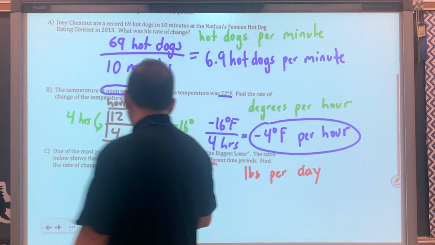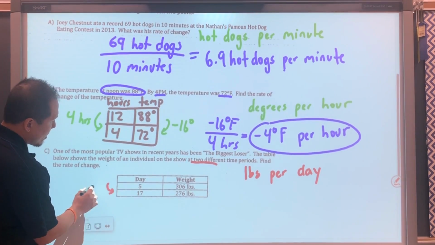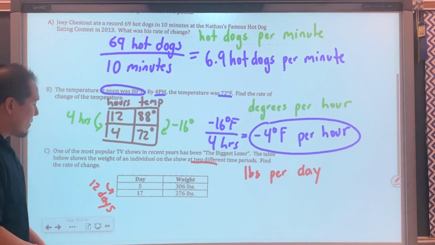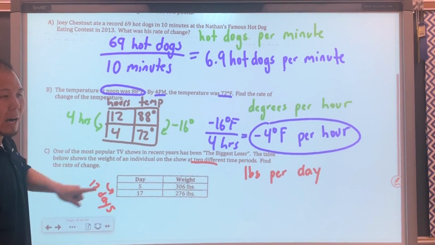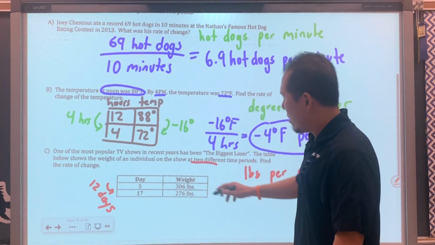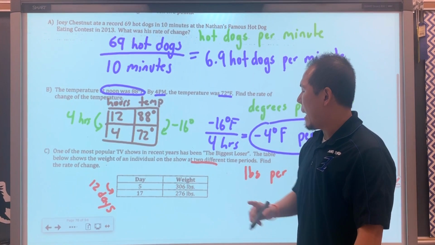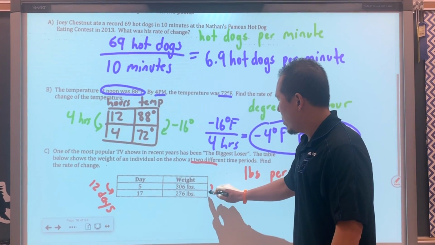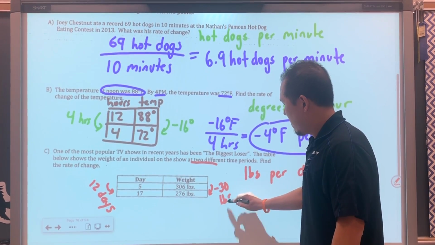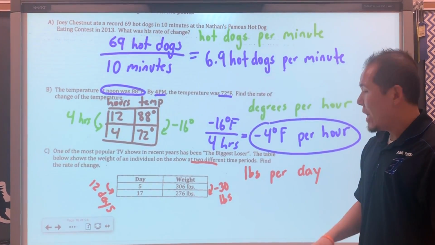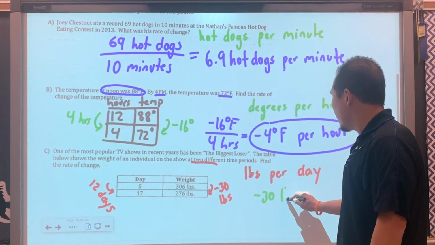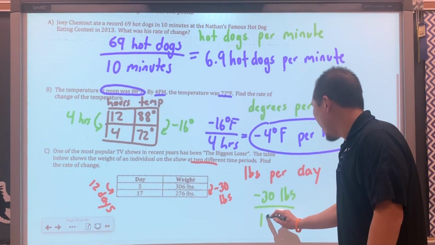So in this case, days, we know we're going up how many days? 12 days. Right, 5 plus 12 is 17, or 17 minus 5 is 12. And what are we going down here? 276 minus 306. Notice we're decreasing, so that's negative 30 pounds. We're looking for pounds per day, so negative 30 pounds over 12 days.